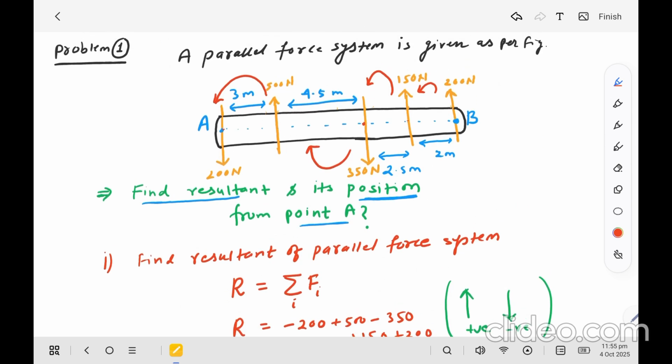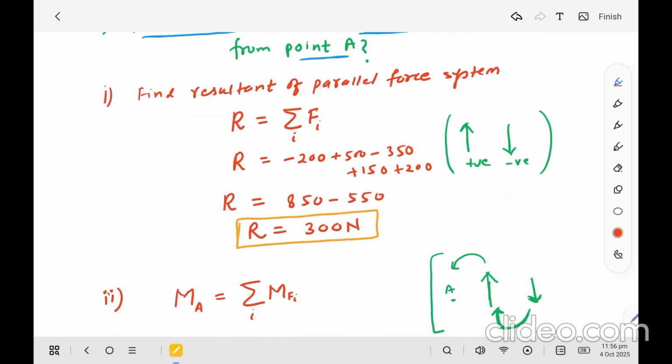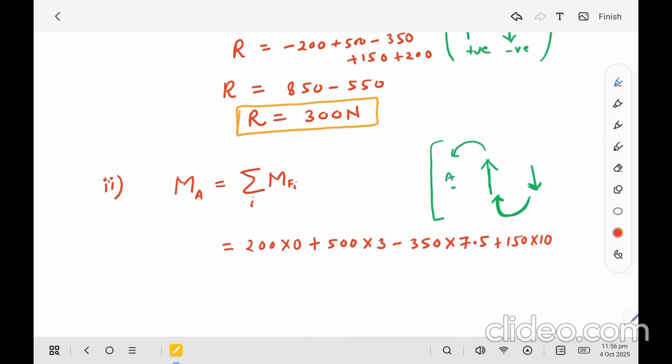And for the 200 Newton force, the moment is 200 multiplied by its distance, which is 12 meter from point A. So plus 200 into 12.